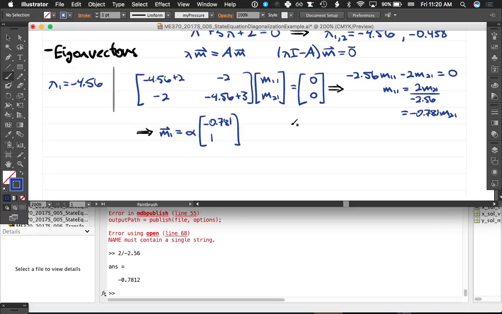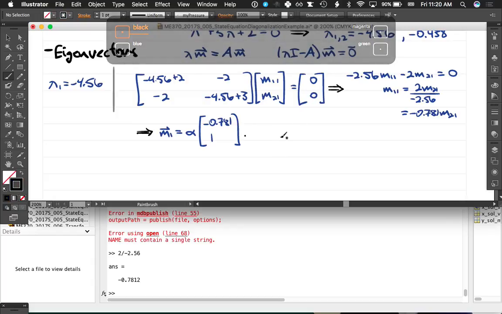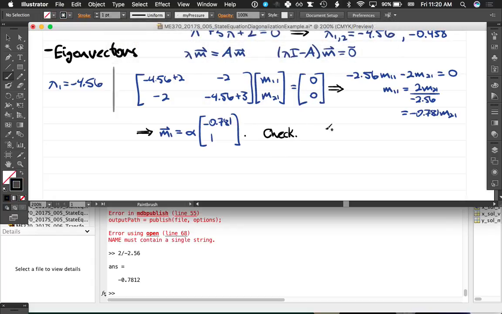Great. Eigenvector. However, if we were feeling like maybe we should check that, we can just use the second equation. So check. Negative 2 times m11. So let's plug in m11, which is negative 0.781. Plus, what is this? This is negative 1.56.